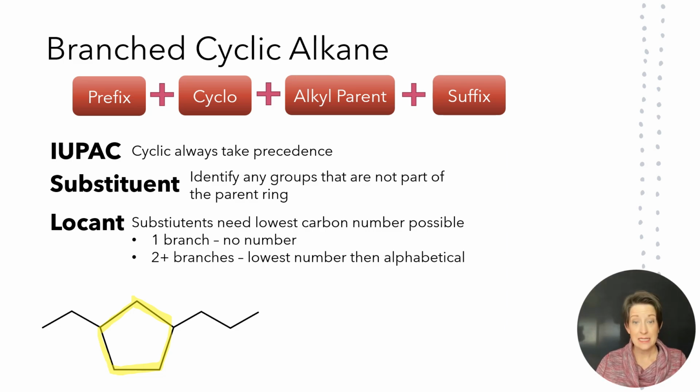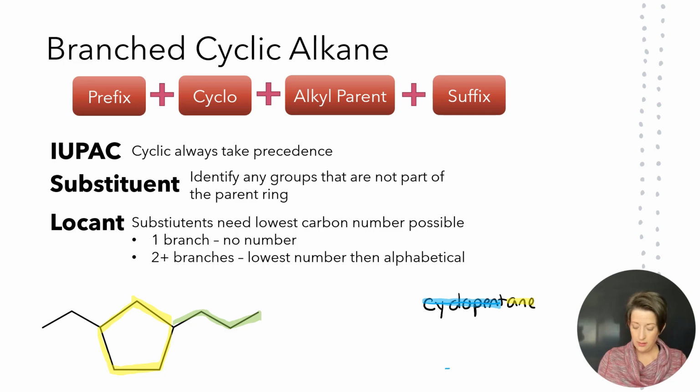So it is cyclopent because it has 5 carbons in that ring. And it's an ane because it's all single bonds between those carbons in that ring. So we have that cyclopentane. Now we want to identify the substituents that are branched off of this cyclopentane.